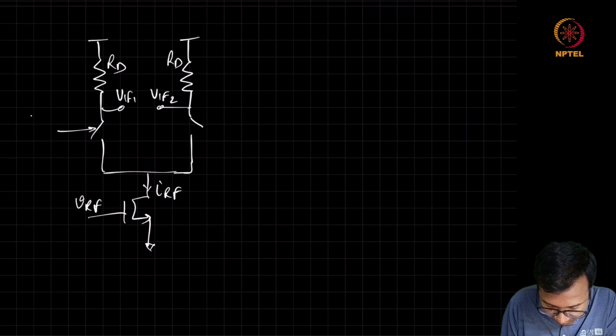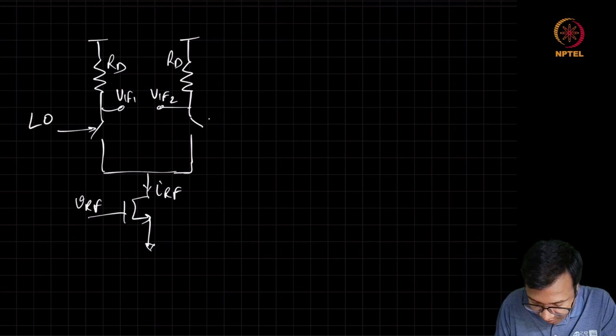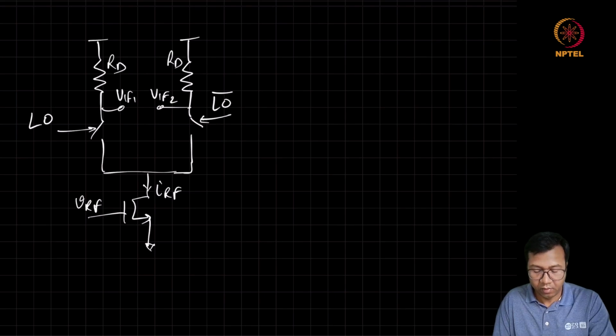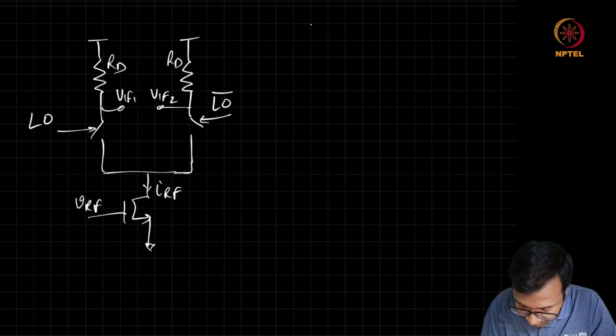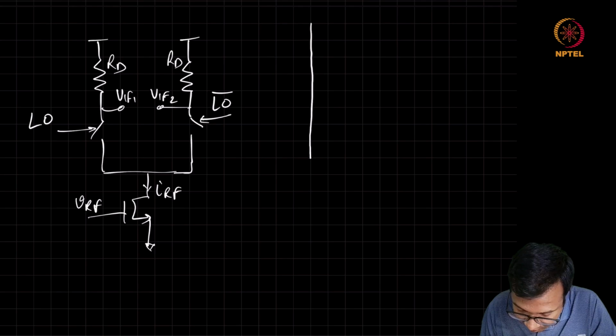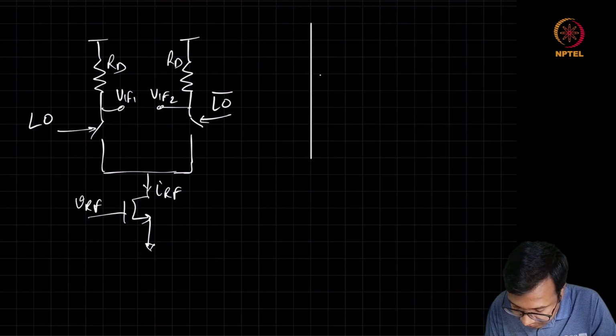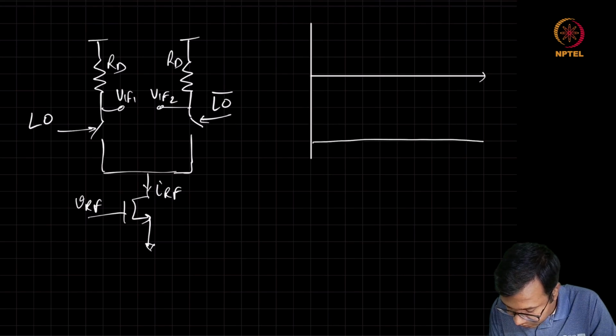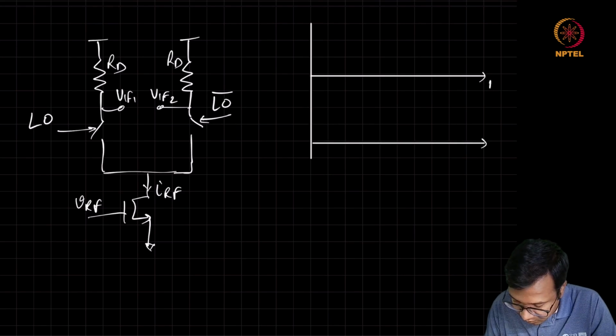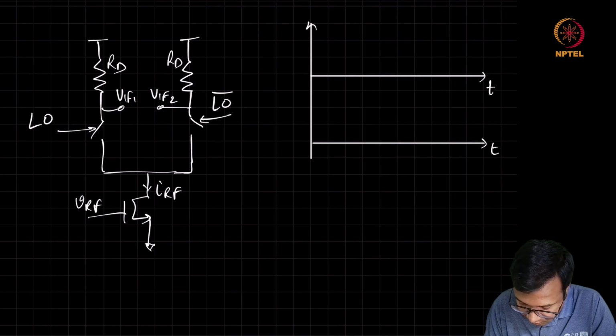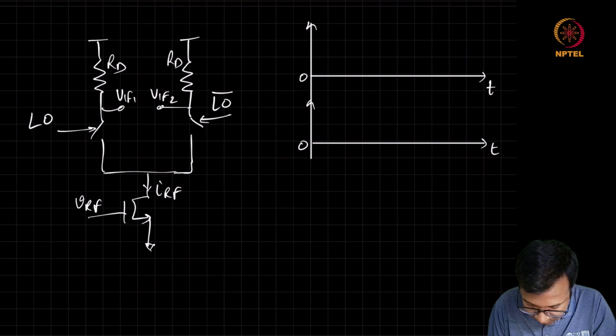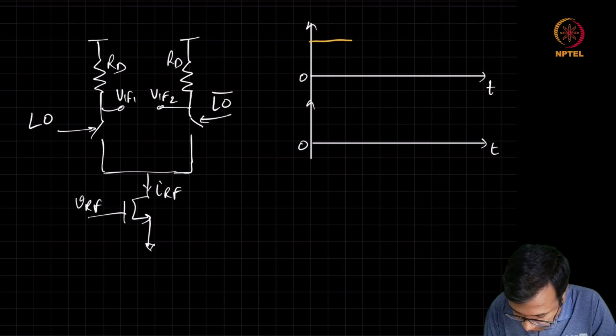Here we can say we are applying some periodic signal LO. Here we are applying the complement of this LO. This LO bar looks like this. So this is the LO.